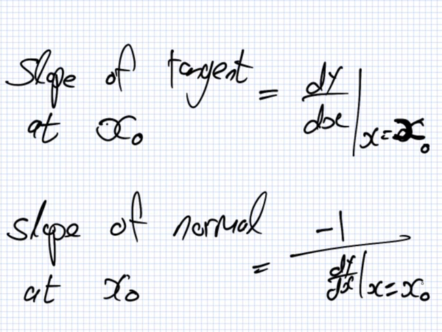If you want to write it down like this, you can. Slope of the tangent is the derivative, and slope of the normal is minus 1 over the derivative. We did this in the previous lesson. Yeah, I mentioned this in the last lesson, I think.